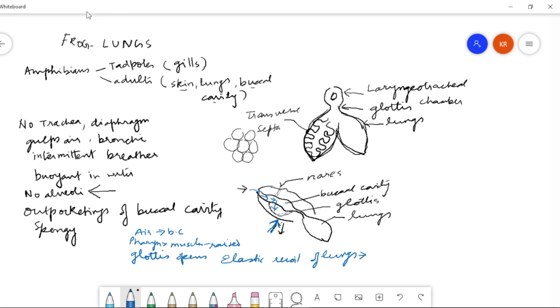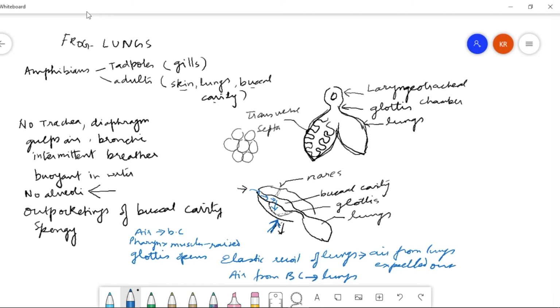Because of elastic recoil of the lungs, the air from lungs is expelled out without meeting with this air, and at the same time this part now pushes up, and therefore air from buccal cavity enters lungs.